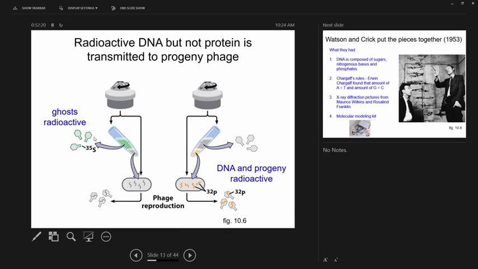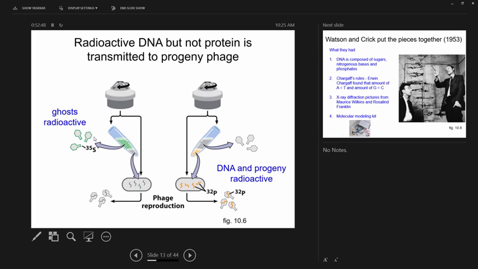In the case of the protein S35 labeling, there was no radioactivity in the pellet that had the E. coli cells. And when the E. coli cells were taken and allowed to grow up, they did produce bacteriophage, showing the genetic material had been added to the cells, but neither the E. coli cells nor the bacteriophage were radio-labeled.